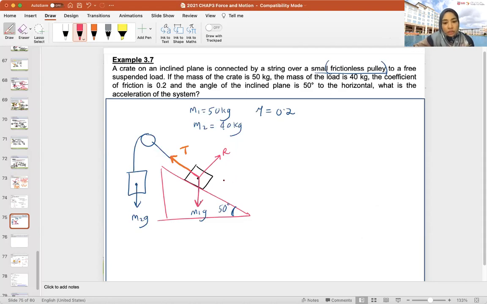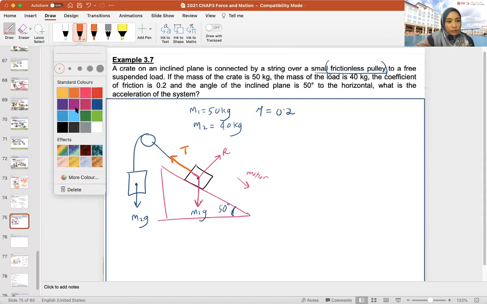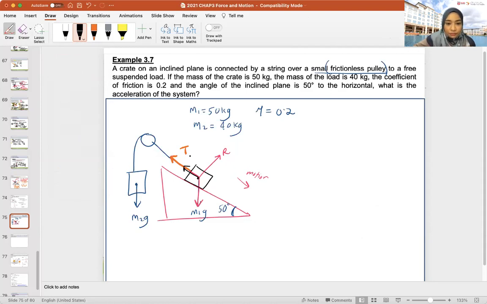So if the motion is this way, we would say the friction is to the left, right? Let's try first, I also don't know. I'm trying to imagine this. So friction, try first.